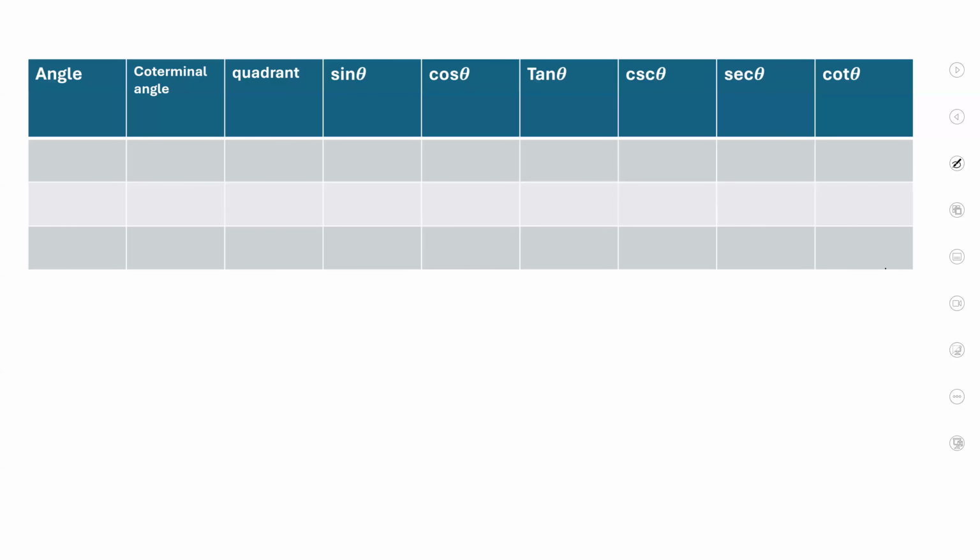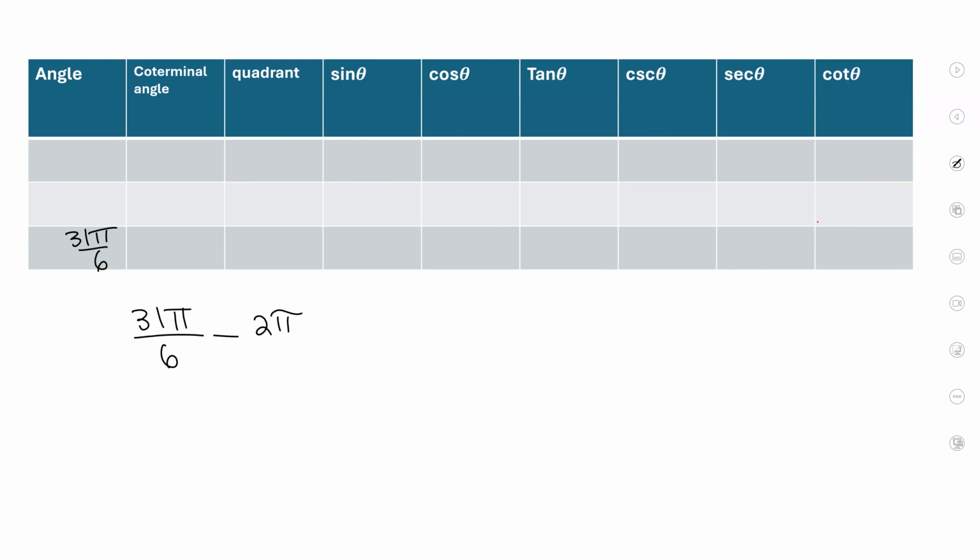So we had 31 pi over 6. You need to deduct a whole circle. Just like in the previous one, we deducted a whole circle by subtracting 360. We're going to deduct the whole circle, so we're going to subtract 2 pi.